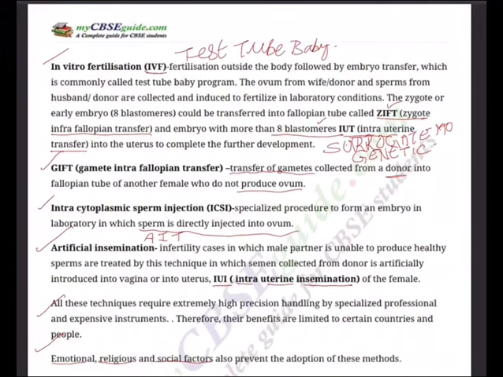And then the second one, there is the CVS technique, chorionic villi sampling technique. The physician inserts a narrow flexible tube through the mother's vagina and cervix into the uterus and withdraws a small amount of fetal tissue, that is chorionic villi, from the placenta.